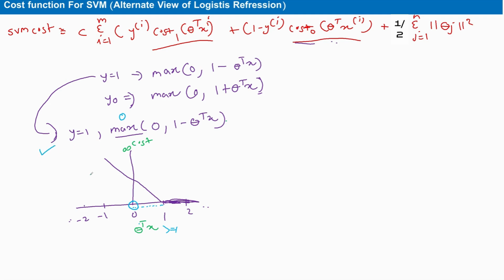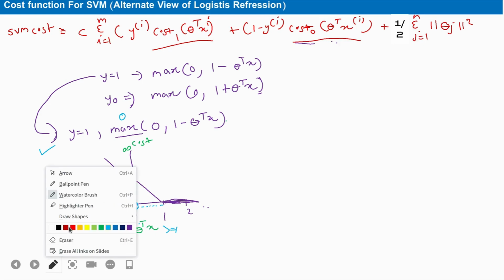That means it is an accurate classification. But in the case of misclassification, when y is equal to 1, the function is the same, but theta transpose x will be somewhere less than 1.